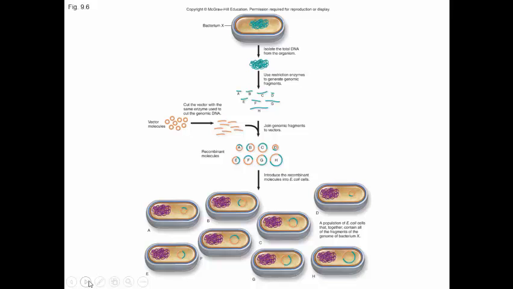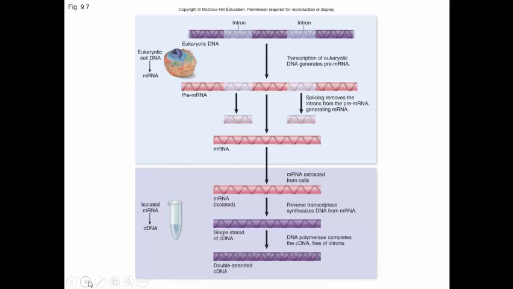Now, what about eukaryotic? Well, what do you mean? Eukaryotic, a little bit trickier. Remember we talked about how eukaryotic DNA would make a copy in a messenger RNA, but it hasn't left the nucleus yet. And that pre-messenger RNA has to cut out the introns. And the introns are the useless coding material.